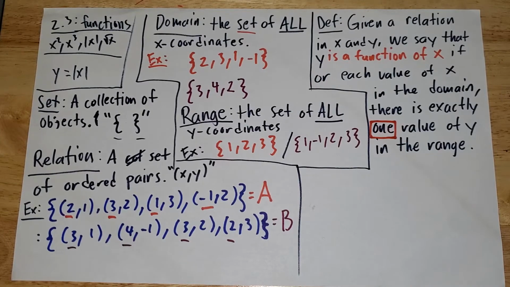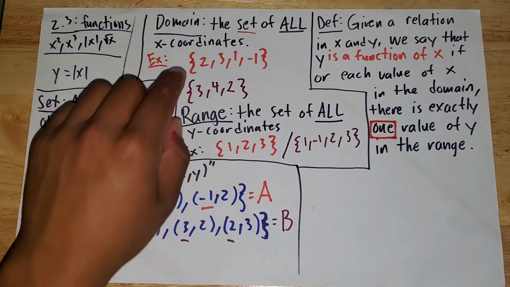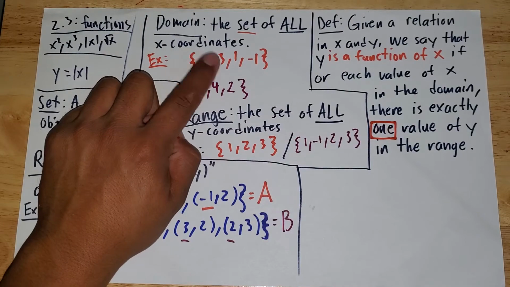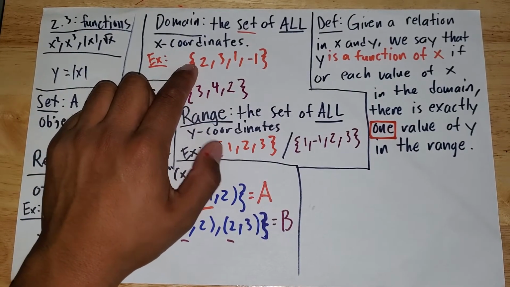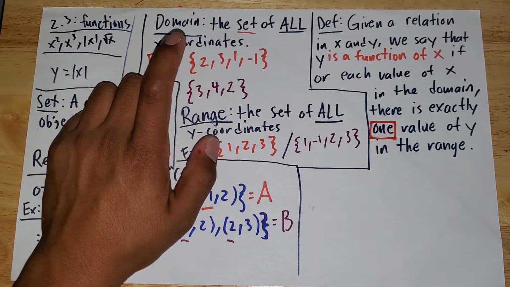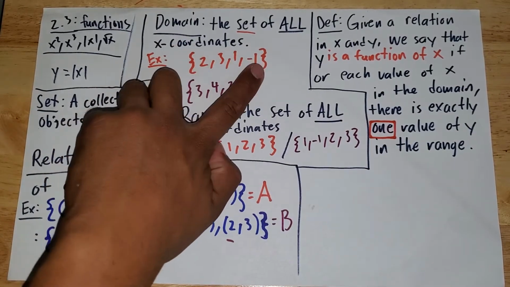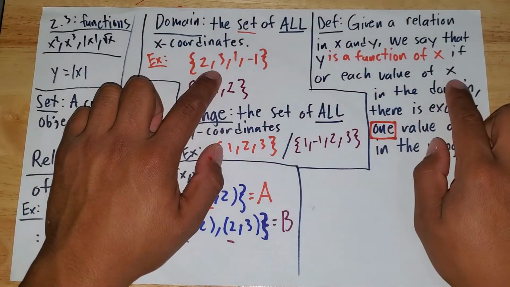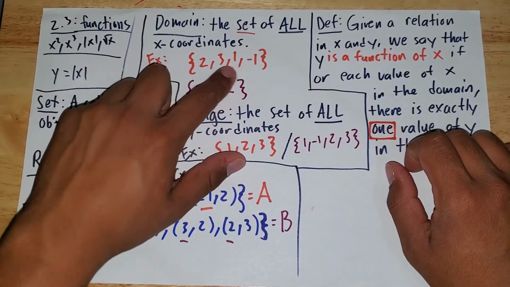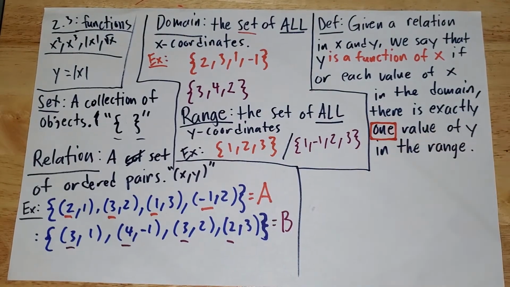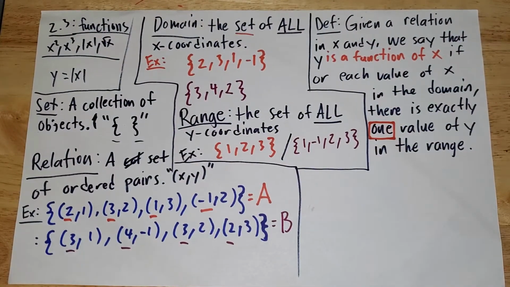What this is saying is that if we're looking at an x in the domain, we have to compare it with the y, and every x in here. So again, it only says each value of x. So it's every single x in your domain can only correspond to exactly one y. It can't correspond to two of them.